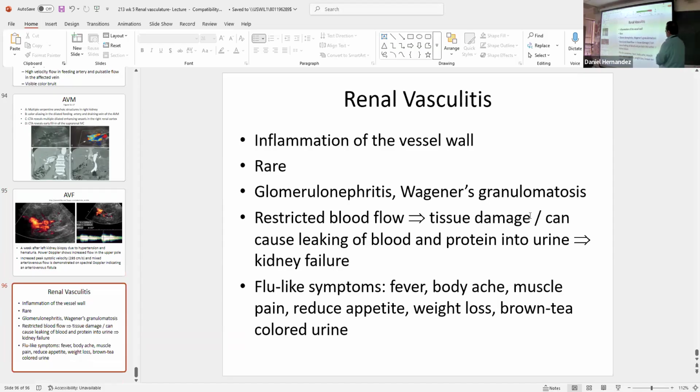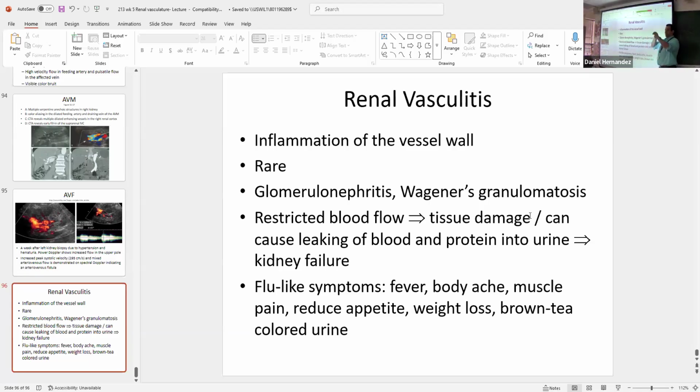Arteries can suffer from vasculitis, or vessels. We can potentially have inflammation of the vessel walls. So patients who suffer from glomerulonephritis or Wegener's granulomatosis. Regardless of the cause, if we have vasculitis, just recognize that with those thickened walls, it leads to restricted blood flow. So we have inflammation of the walls.